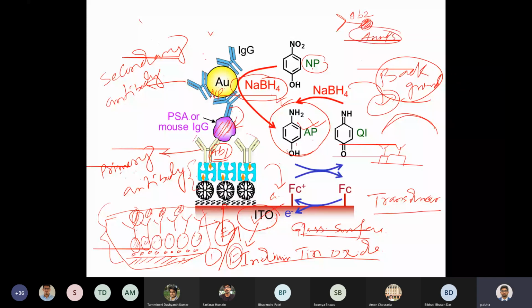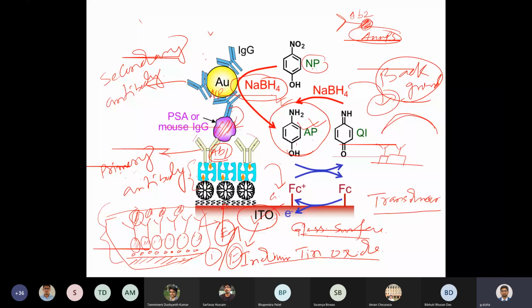If your surface contains your target like prostate-specific antigen, then only the secondary antibody will bind. If your surface does not contain any target, then the secondary antibody will not bind.